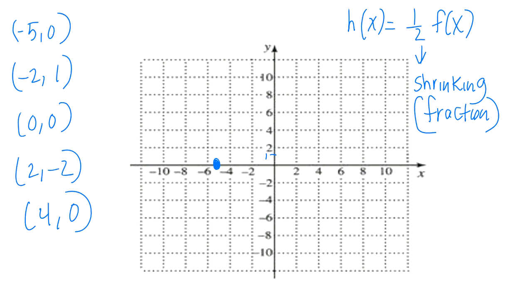So it looks like that is the graph. So it's kind of close, but any questions on stretching and shrinking?